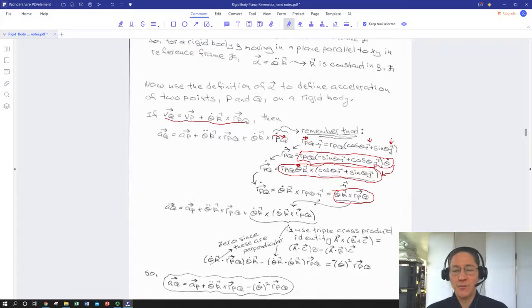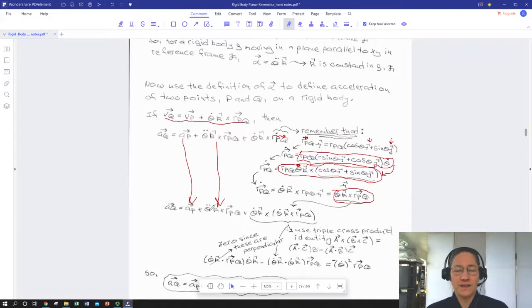So we're going to put that back in this expression and then bring all the other terms down and just rewrite them. So we've got first term is just acceleration of point P, the point for which we presumably know the acceleration.